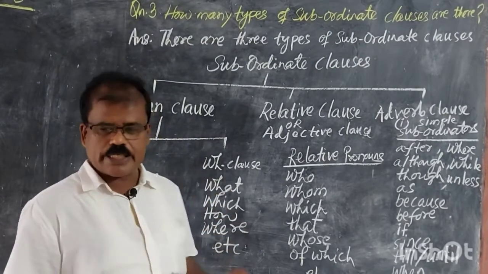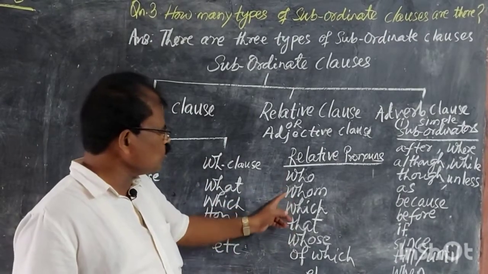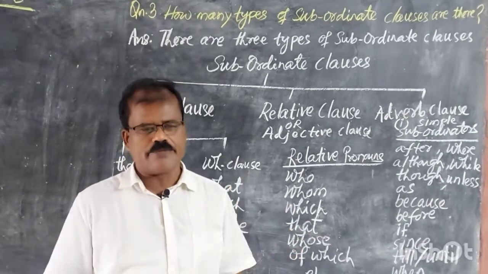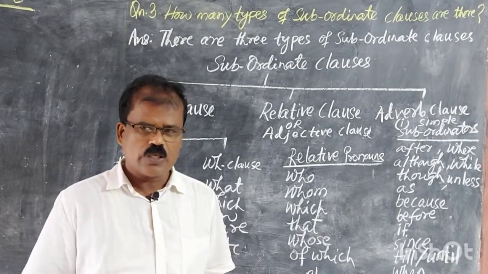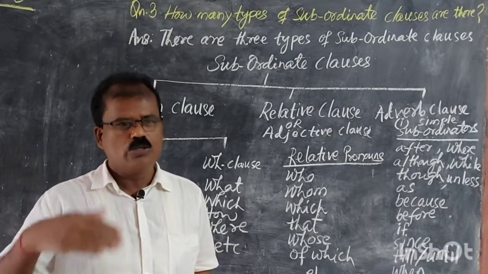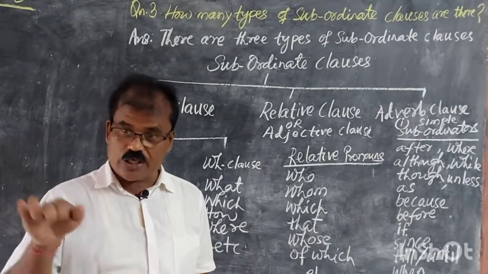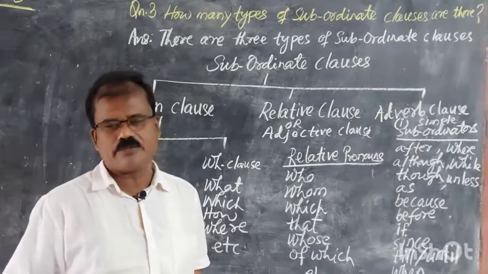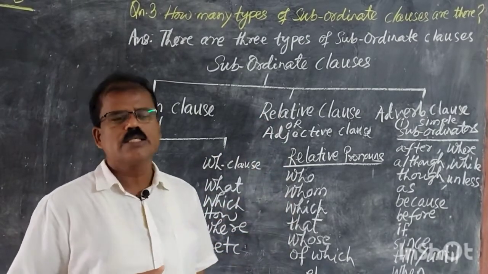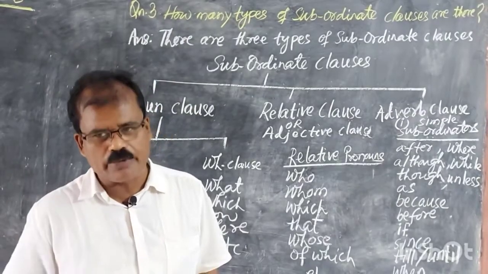And those relative clauses begin with relative pronouns like who, whom, which, that, whose, of which, etc. At times, some of the relative adverbs are not given there. They are omitted, they are understood, they are hidden. But usually relative clauses begin with these relative pronouns and sometimes some relative adverbs.